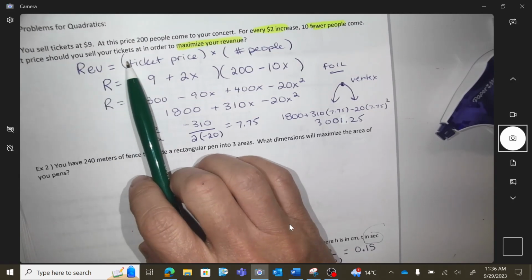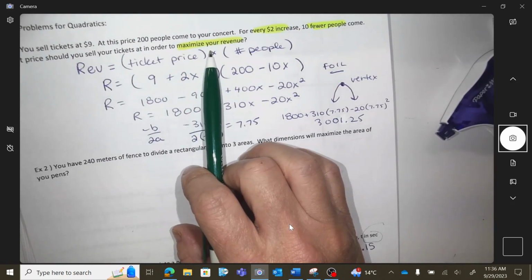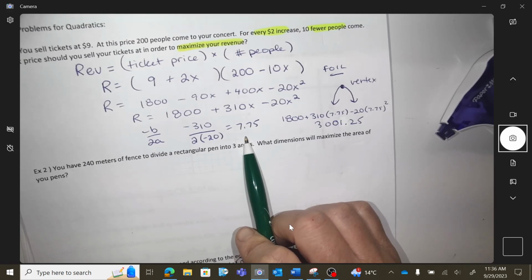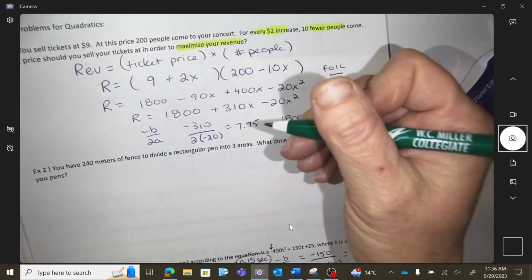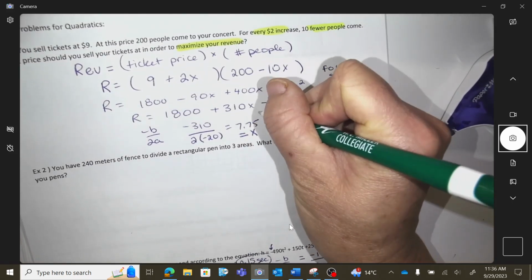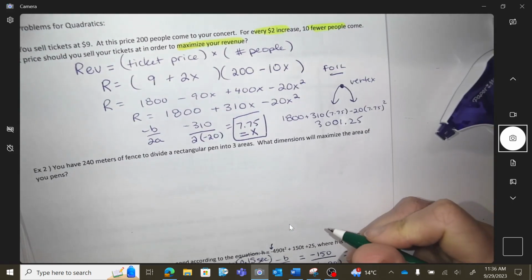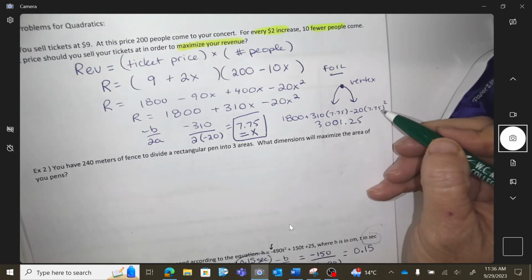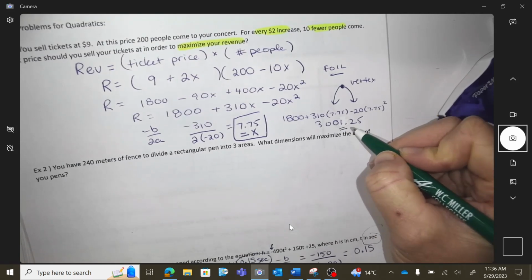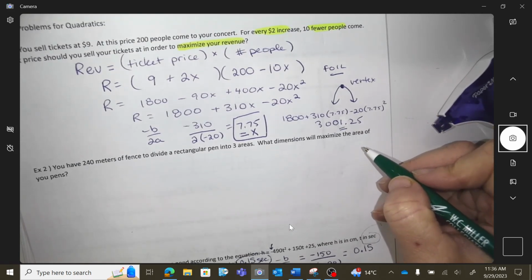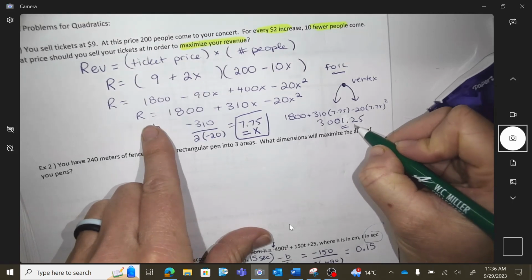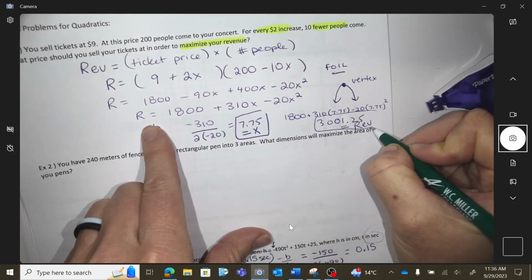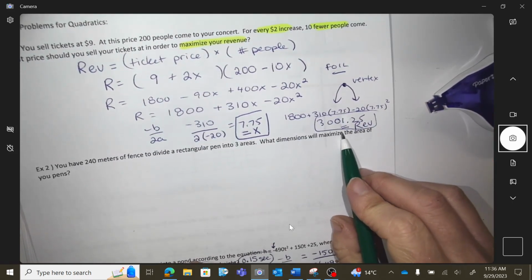What ticket price should we sell to get our highest revenue? 7.75 is actually not the ticket price. 7.75 equals X. Not the ticket price, it just means X. And this equals Y, which is not Y, it's actually revenue. So this is my largest revenue, but this is not my ticket price.